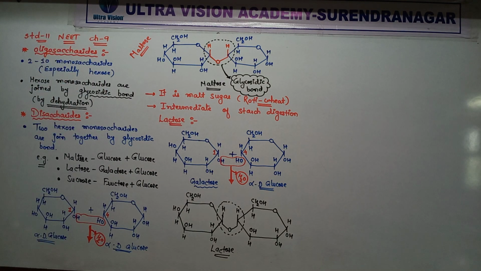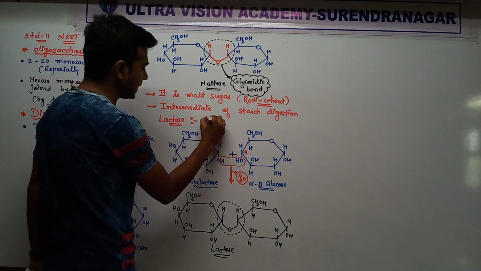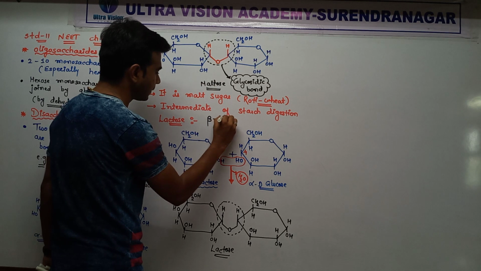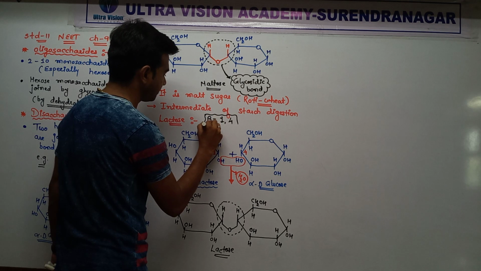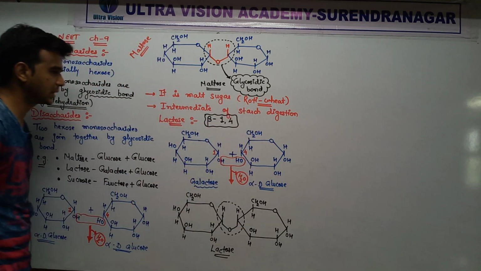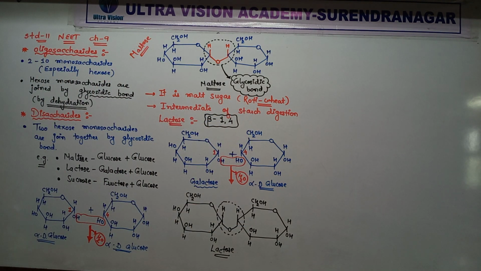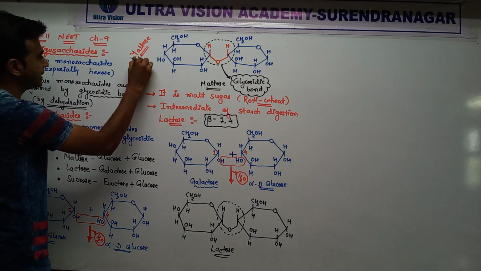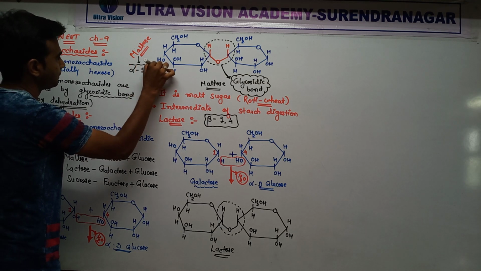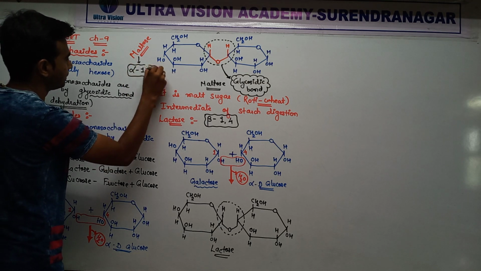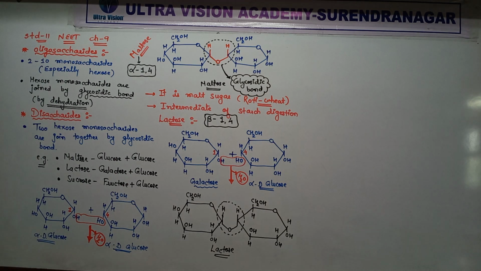So remember here that in the lactose sugar, beta 1,4 glycosidic bond is there. Okay. Here alpha 1,4 glycosidic bond is there. So in this way, lactose sugar is formed.